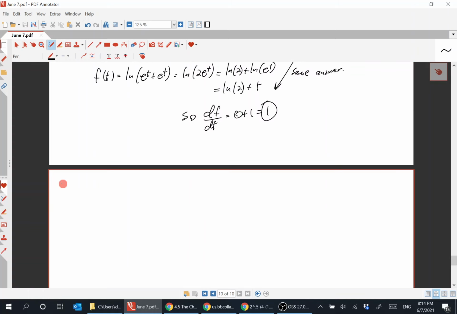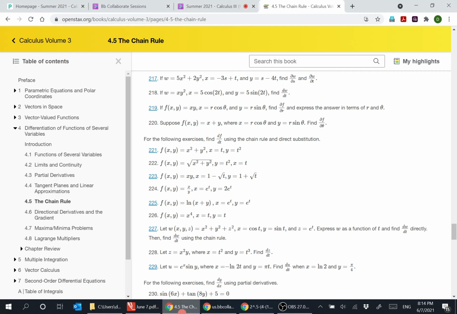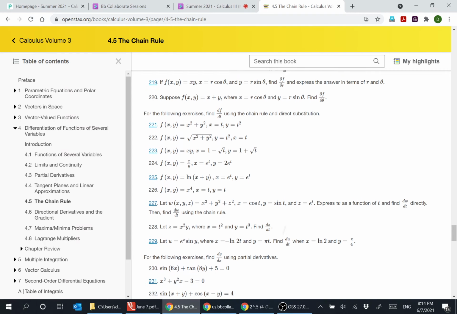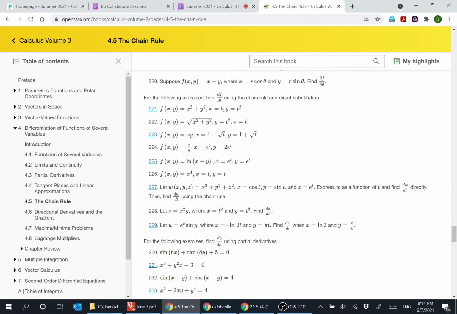229. So here we're looking for du dt for a specific value of t. So they're giving you a specific value of x and y.